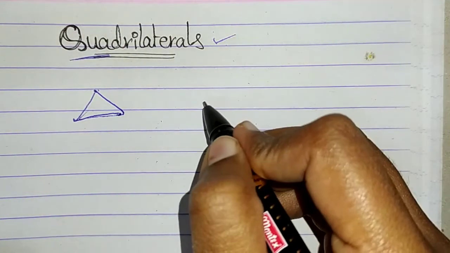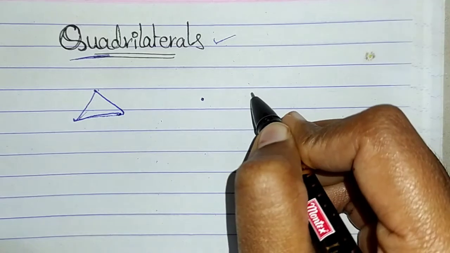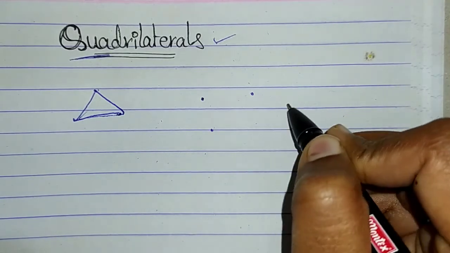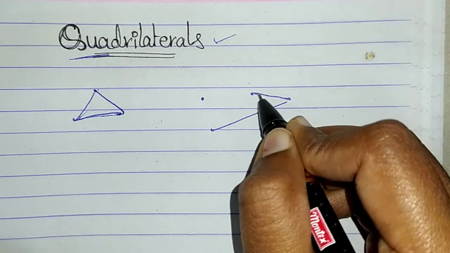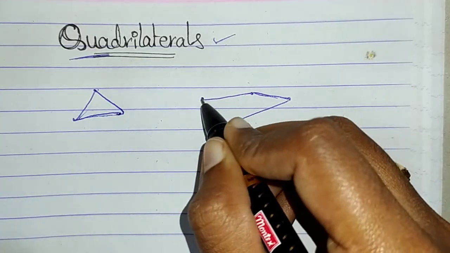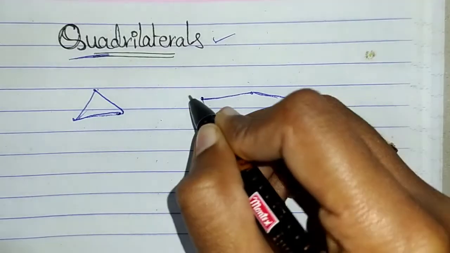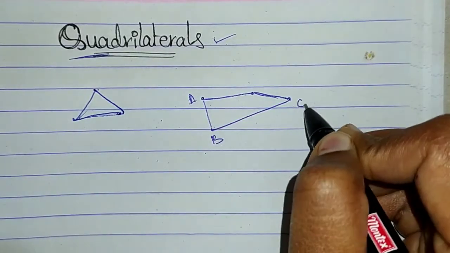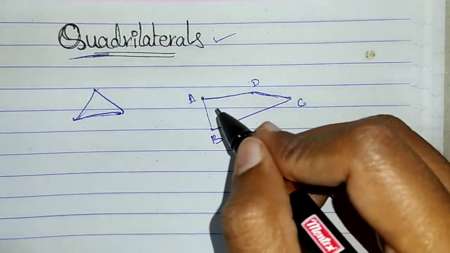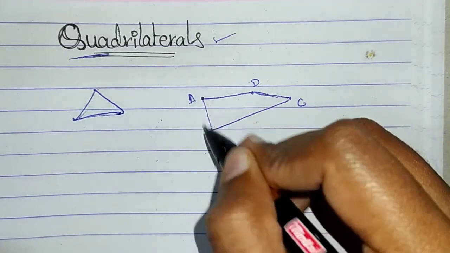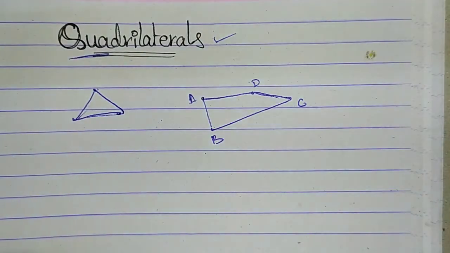So when we come to quadrilaterals, the word quadra means four. A quadrilateral is a polygon formed by joining any four non-collinear points. So here A, B, C, D are four non-collinear points, and by joining those points we have formed a quadrilateral.